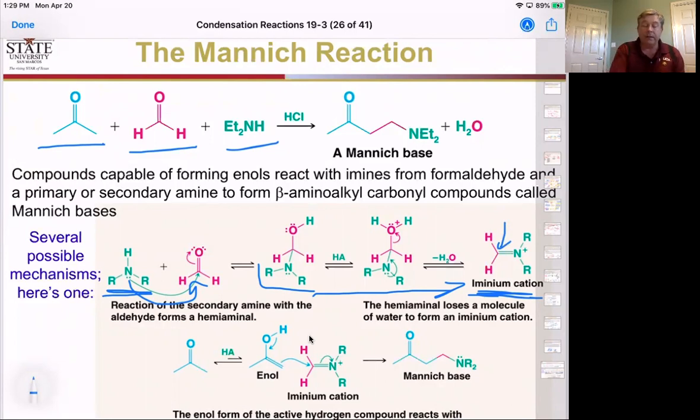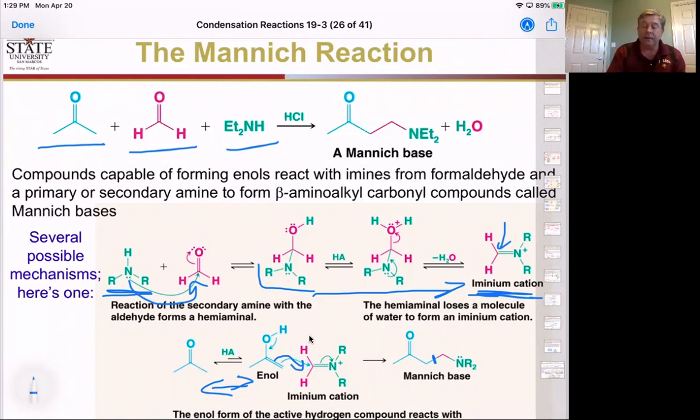So if we take our ketone and add a little acid, of course, it goes back and forth between our enol and our keto forms. And when it forms that enol, the electrons from the enol come in and attack that now protected carbonyl to give us our new carbon-carbon bond. And then once it does that, we kick out the hydrogen and regain our ketone.